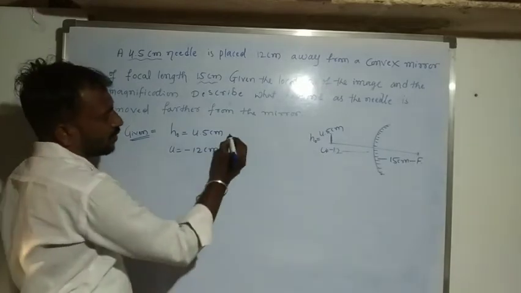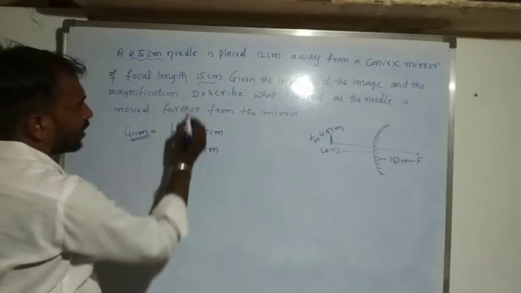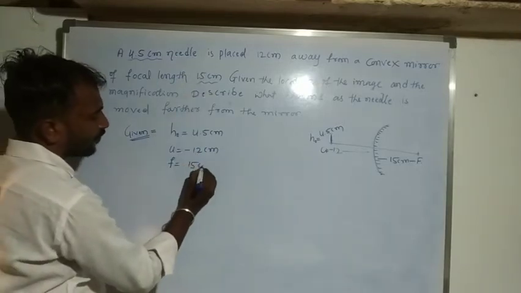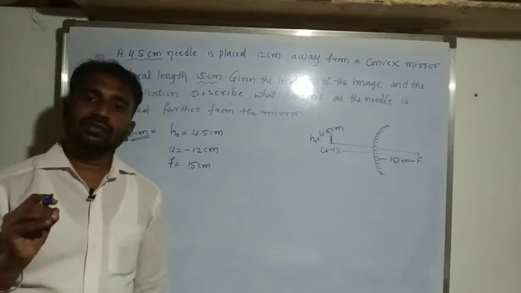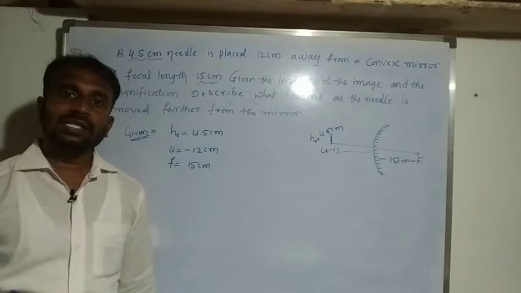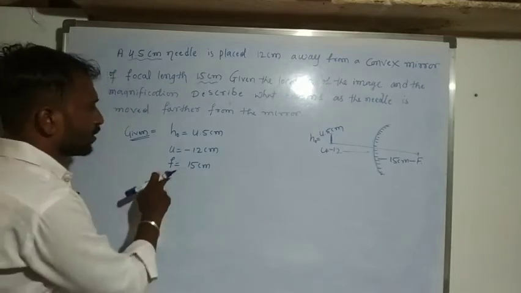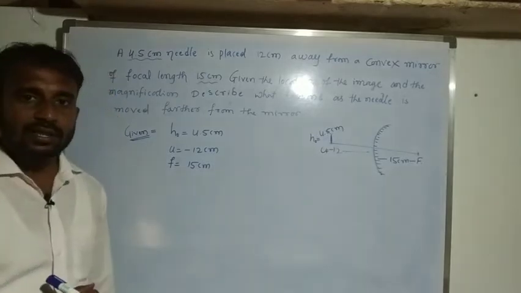And another one is focal length, F, so focal length already given, that is 15 centimeter. In convex mirror, focal length we consider positive. In concave mirror, focal length is negative. So this one is a convex mirror, so for this reason we consider focal length 15 centimeter.